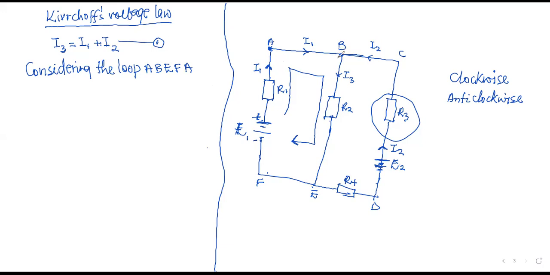I can also pick the same loop as B, E, F, A, B. So long as it is clockwise, you haven't violated any rule. It can also be E, F, A, B, E. So that's it, considering the loop A, B, E, F, A.